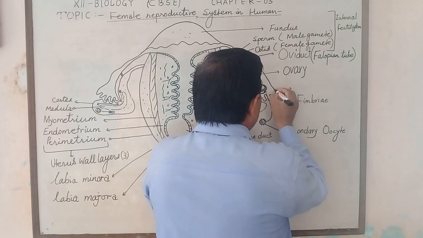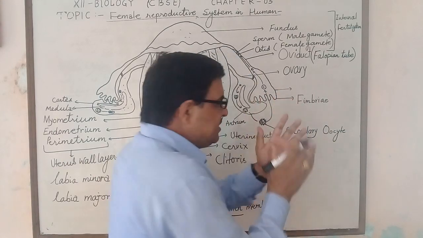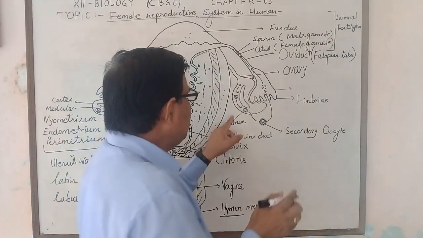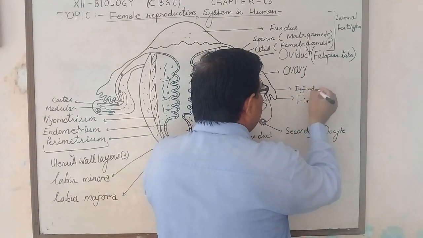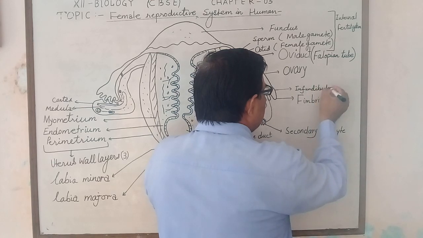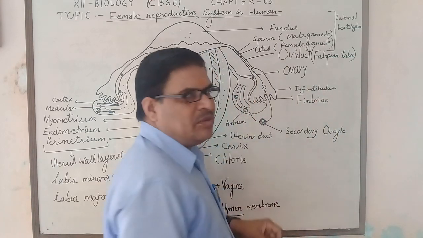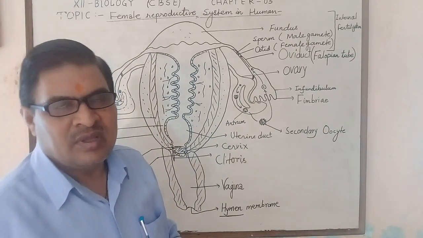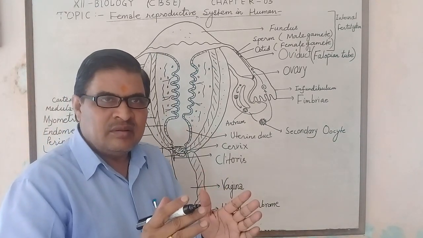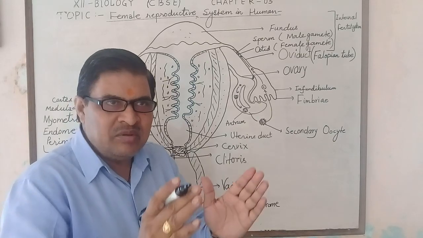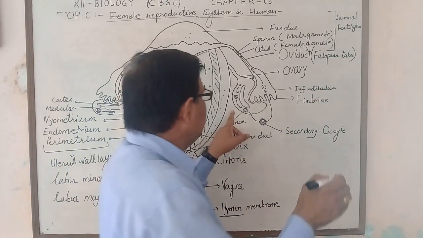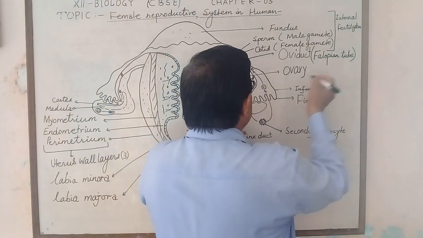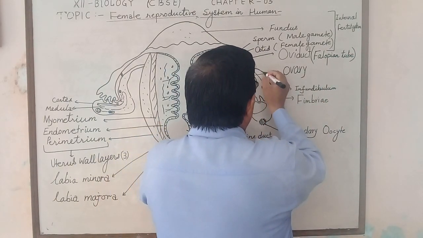The broad funnel-shaped part is called the infundibulum, and when the diameter decreases, it is called the ampulla.